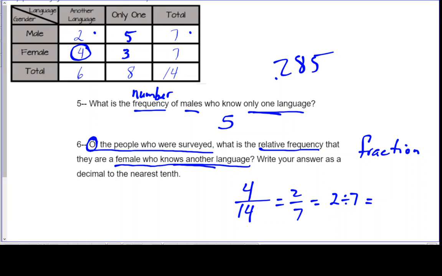It doesn't matter. 7. So it said round to the nearest tenth. So all we have to do is look at the 2 right here. The 8 tells us to round up. So this 0.2 is going to become, is it 0.3? So 3/10 would be your answer.